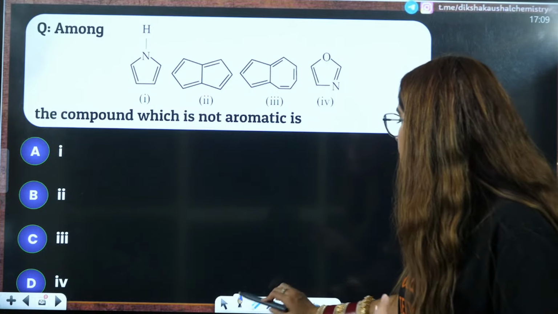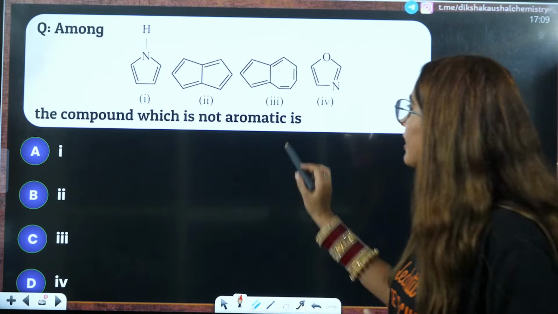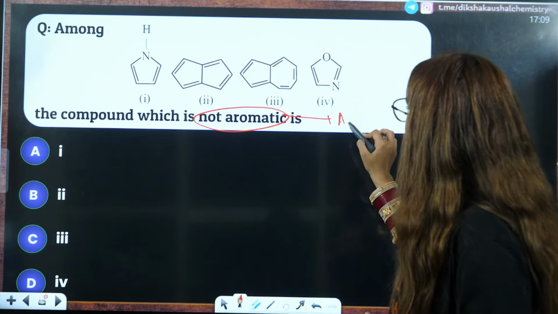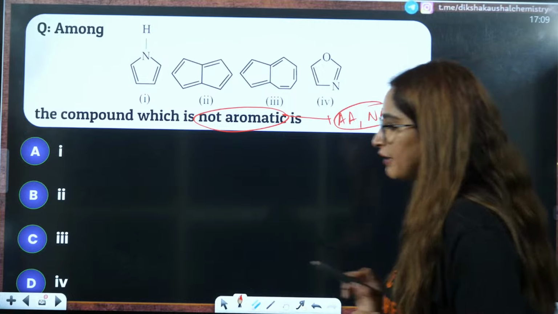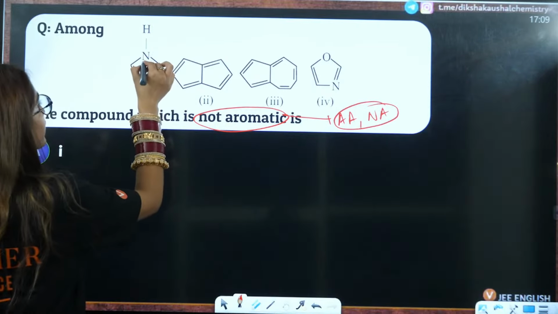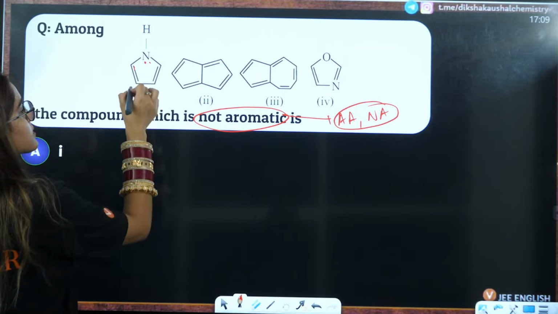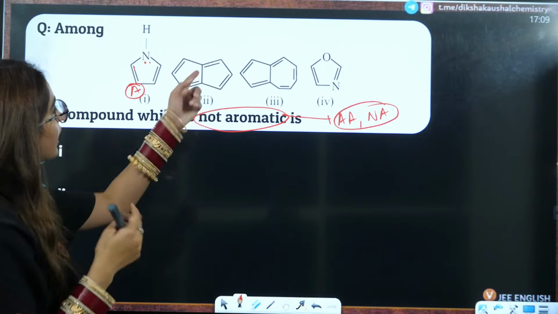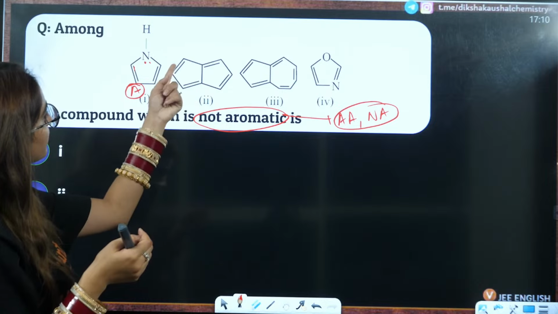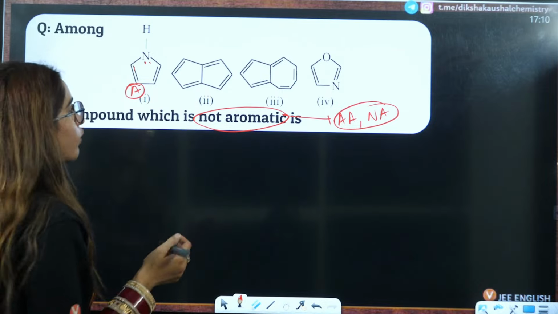Next is, among these, which is not aromatic. Again, you have to see anti-aromatic and non-aromatic, right? Now if you see this here, 2 electrons, 1, 2, 3, 4, 5, 6, that means it is aromatic. But ma'am, double, single, double, single, double, single, double, single, double. Okay, ma'am, there is complete conjugation.